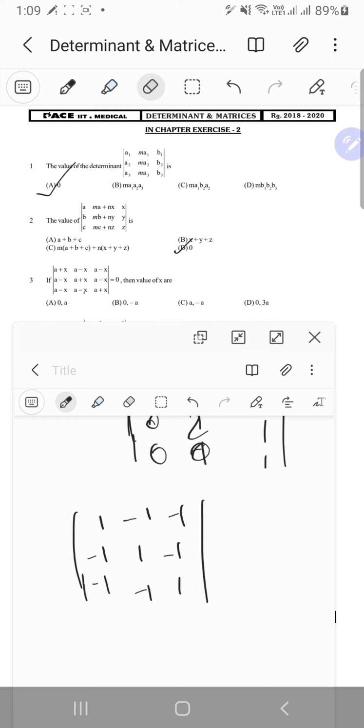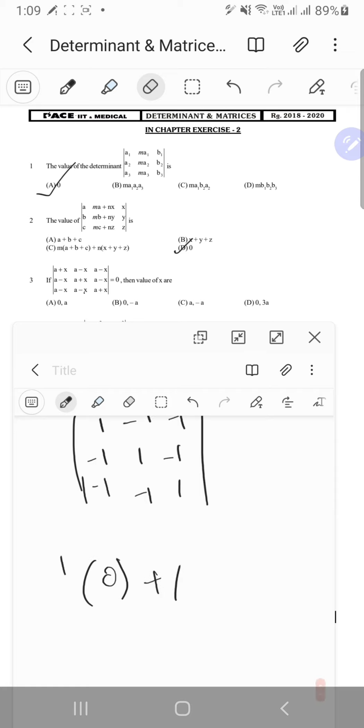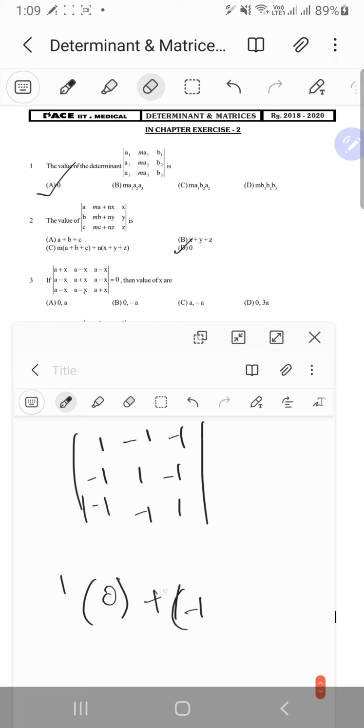This determinant, just find this out. 1 into 0, sorry, into 0. Okay, then plus 1 into minus 1, minus 1 as well over there, fine. Minus 1 into 1 plus 1. Okay, that is the thing.